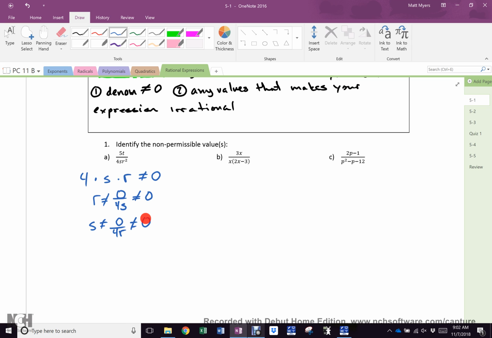That's what I'm trying to ask. T can be 0 because 0 divided, I have no pizza. Let's cut it up. How much do you get? Nothing. So T can be 0, but there's one other thing that could happen here and screw us up.